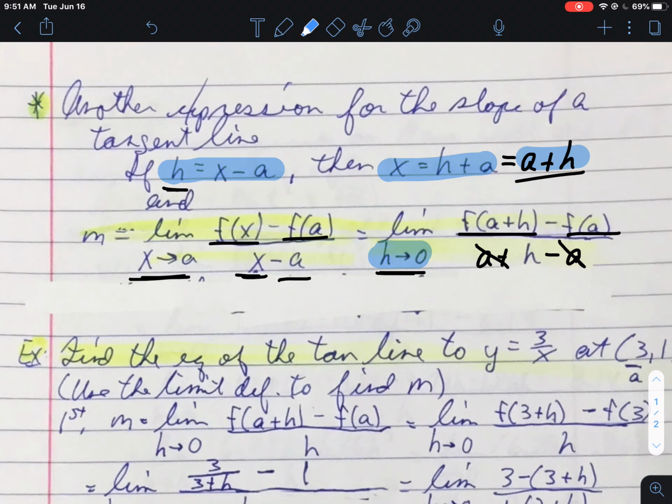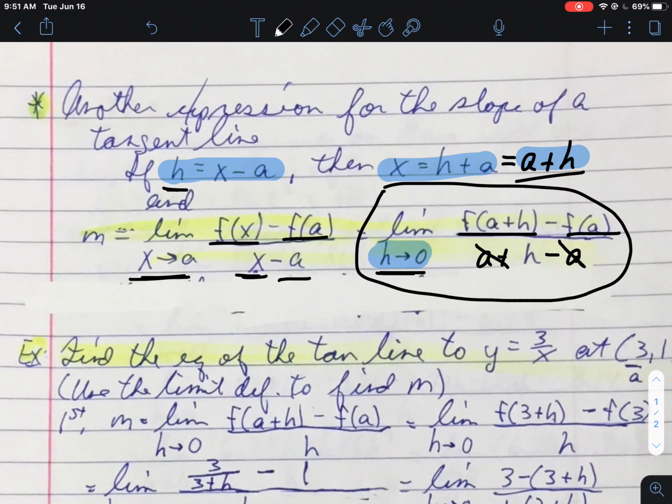I prefer the second one, the one that we just came up with, because I find that tends to be the easier one to work with in most cases in terms of simplification. You could use either one of these definitions, it does not matter. When you look at problems in the solutions manual, sometimes they use this one, sometimes they use that one, and there's no reason for it.